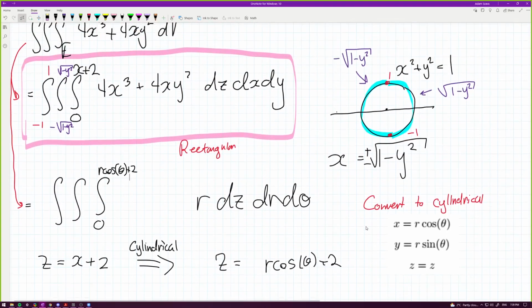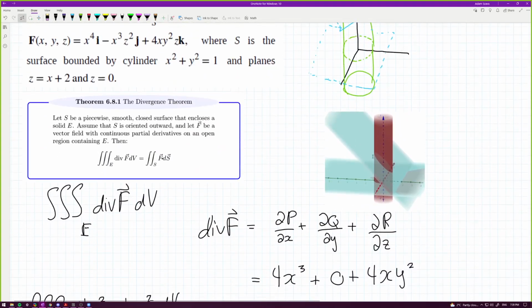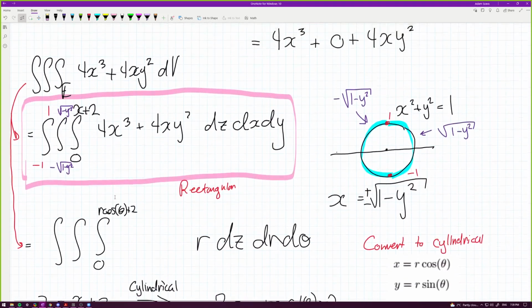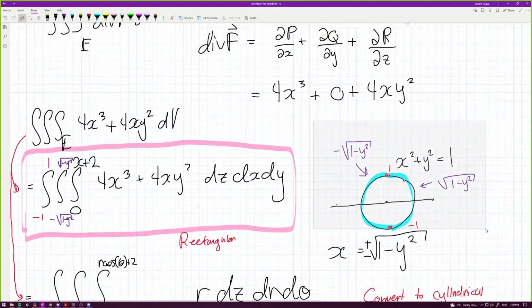Now for r, our bound is here. Let me make sure I'm doing it right. Yes, r is our bound here. So how should I explain this? Convert the region. You want to convert this bound here, this circle here. That is the bound in your x and y plane, if you're looking flat down.